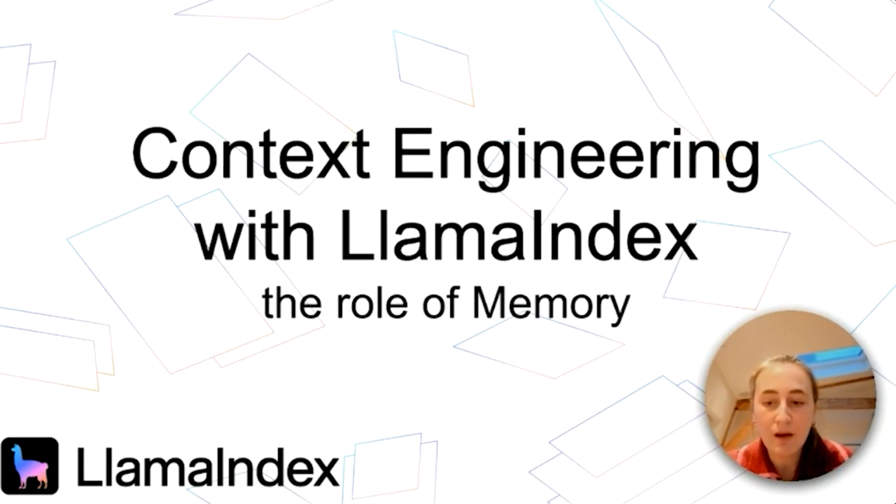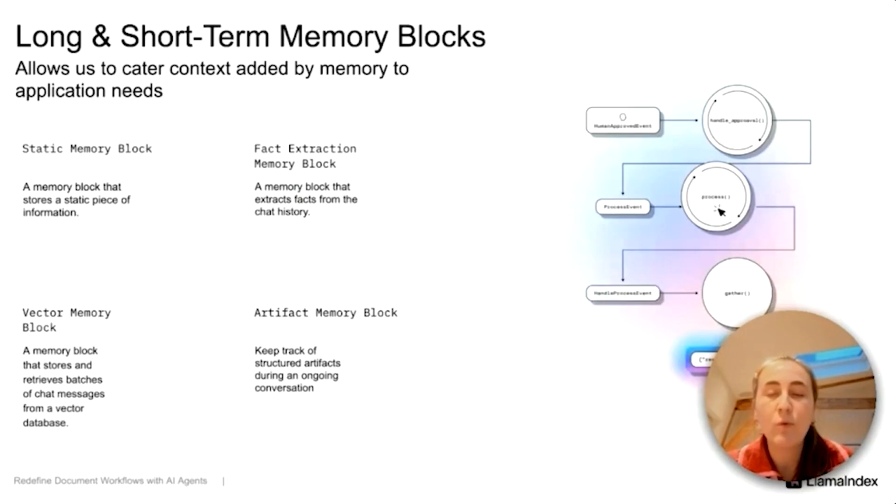But even when it comes to memory, we have quite a few types of memory that we could be talking about. And over the last few months at LlamaIndex, we've been introducing different types of both long and short-term memory blocks. We are going to be discussing a particular memory block that we call artifact memory block, but you could also use memory blocks that we call static memory block that simply hold static, basically unchanging information or information that changes very rarely.